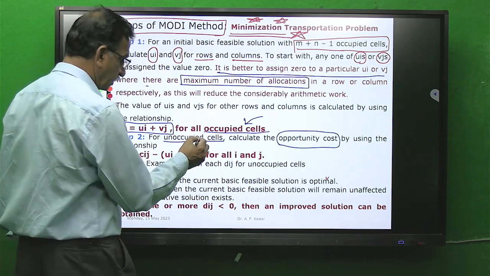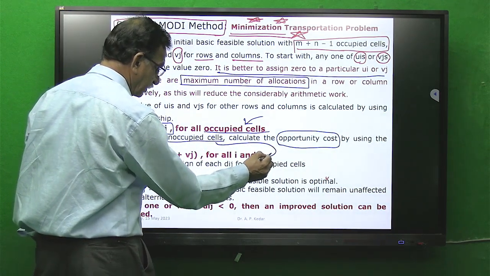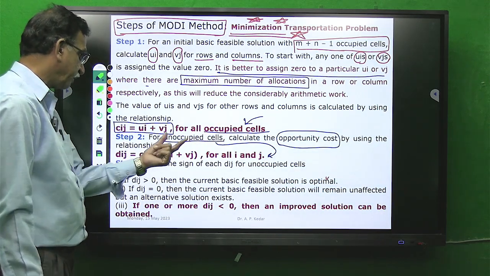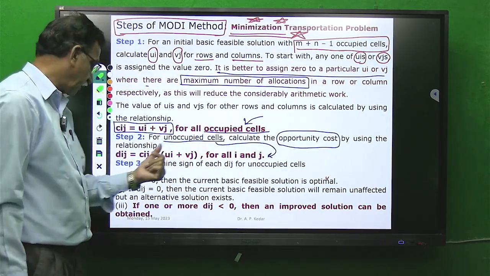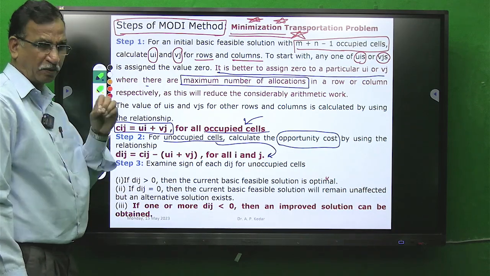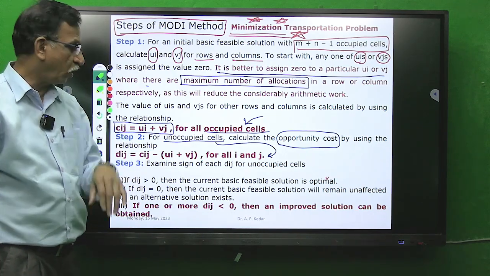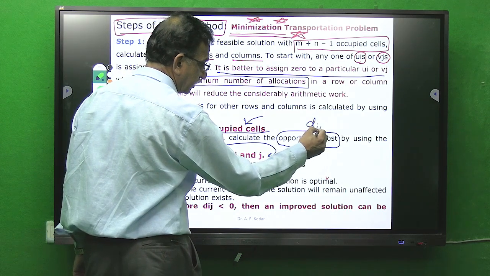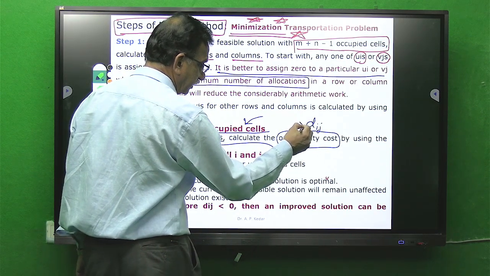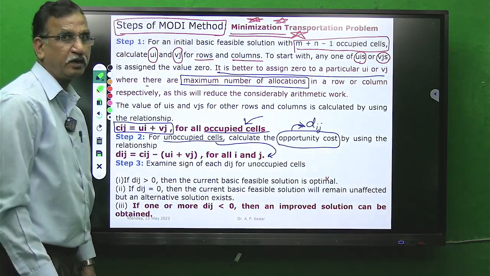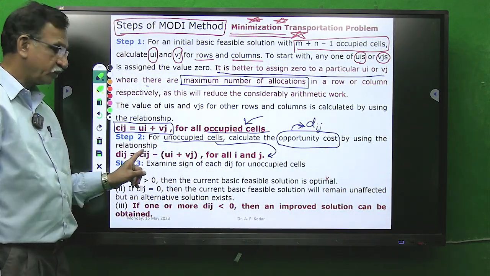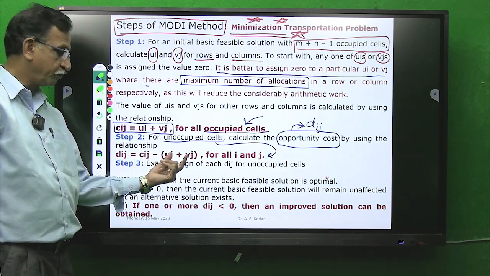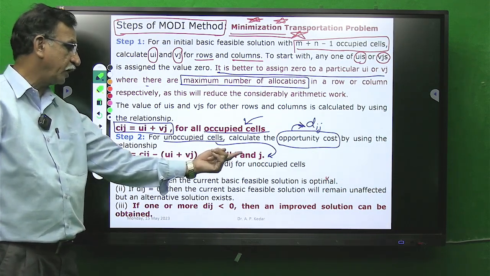So for this unoccupied cell, how are we calculating the cost? We are abbreviating this opportunity cost as Dij. For understanding purposes, all opportunity costs we will indicate by the letter D, which is equal to cost minus Ui plus Vj for all i and j.